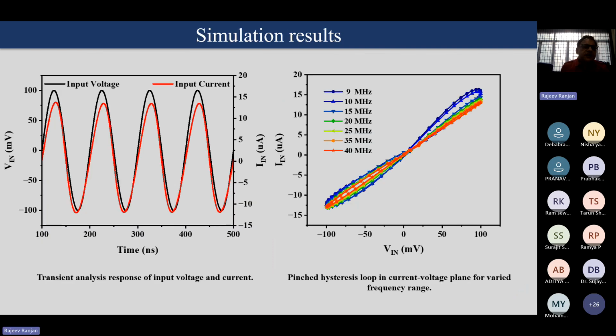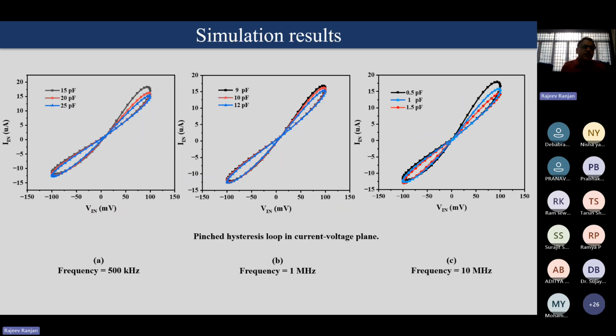Now this is the transient analysis, V_in versus time, input voltage and input current. This is the pinched hysteresis loop in the current-voltage plane for a varied frequency range from 9 megahertz to 40 megahertz. This is at 500 kilohertz with different picofarad capacitors.